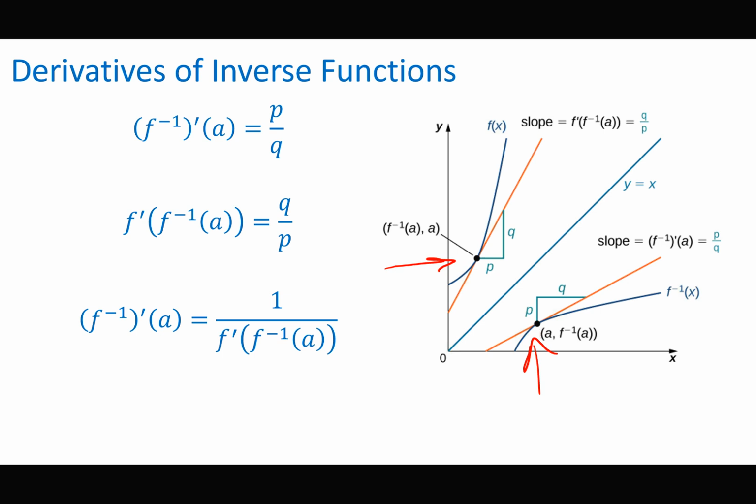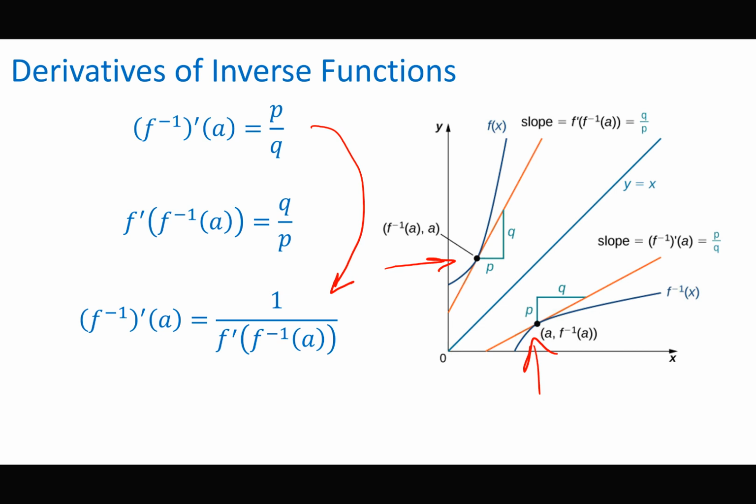So therefore, if I saw the first one as P over Q and the second one's Q over P, I can rewrite this top one and say, well, that's the same thing as 1 over Q over P, or 1 over f prime f inverse of A. It's a lot of notation, but really all we're doing is, we're doing it in terms of inverses, but it's 1 over my other slope.